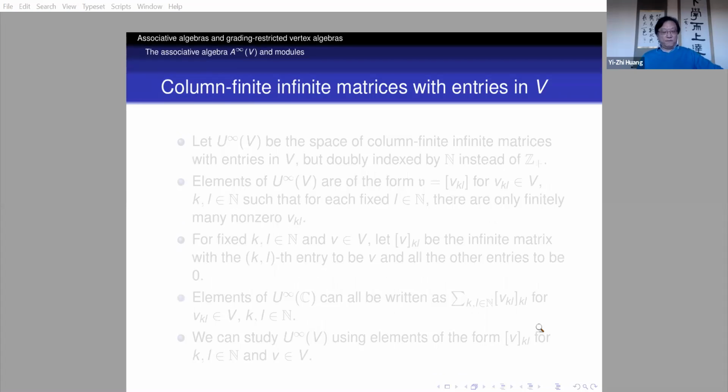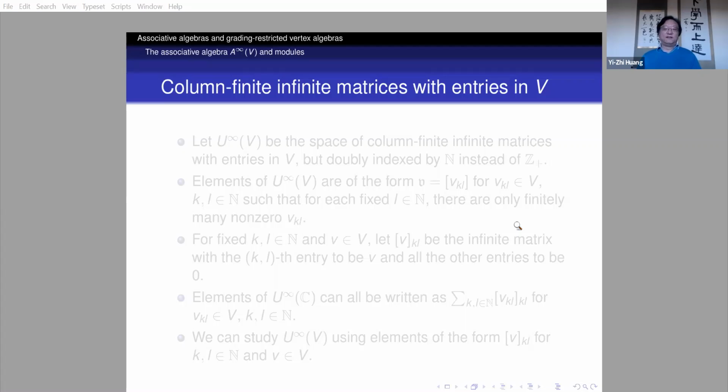Now the construction. See, actually in the beginning when I tried to do this, I also tried to just start with V, because Zhu's algebra and the Dong-Mason generalization all start with V and then take some quotient. But I realized that it does not work.